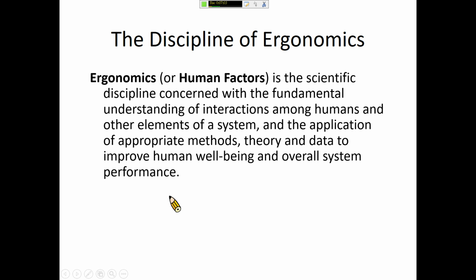Okay, I'll start over with the introduction very quickly. Ergonomics is a scientific discipline concerned with the fundamental understanding of interactions among humans and other elements.